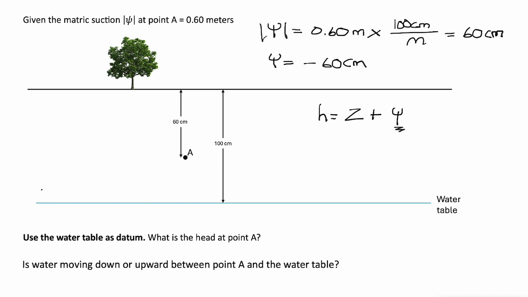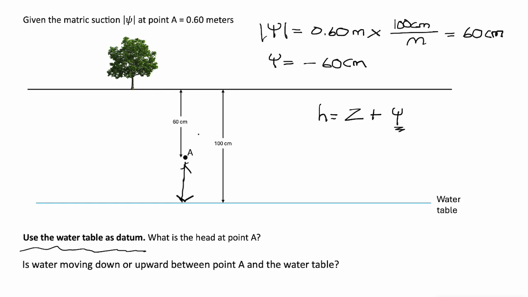And we're told now to use the water table as the datum. So that means we want the elevation of this point here relative to the water table, and so we actually want this distance here. There's the water table, and it's above the water table, so z is going to be positive.